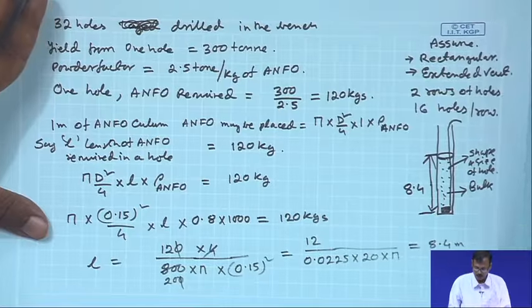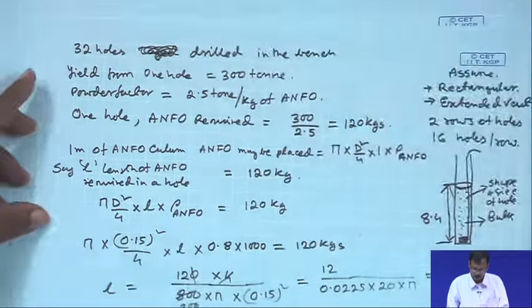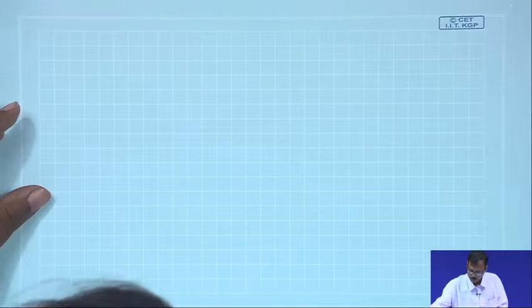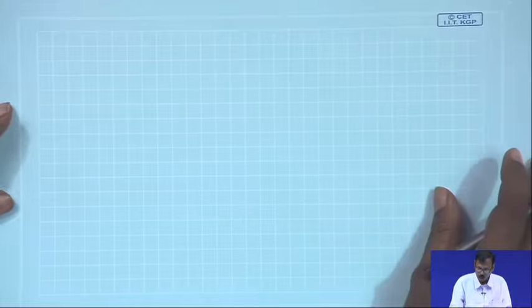So, now let us draw the blast design which may be followed. So, there are 16 into 2 holes.